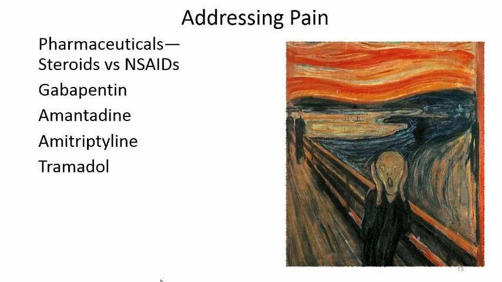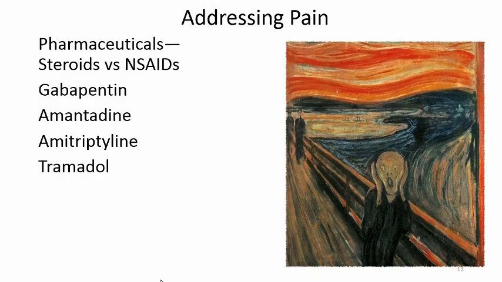So, as I said, we need to remember that we are veterinarians and we need to do our due diligence. If a patient is being referred to you for disc issues or some other painful neurological condition, we need to make sure that we are dealing with the pain.